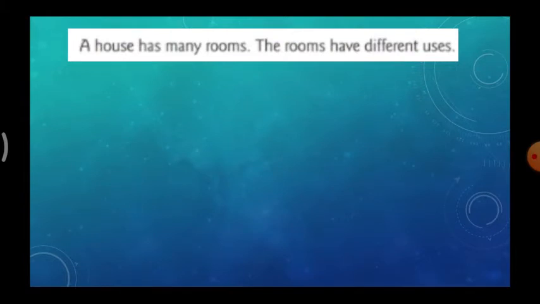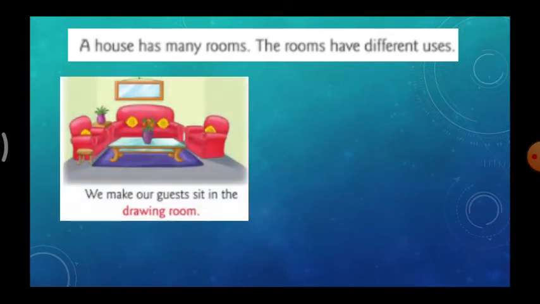Next, a house has many rooms. The rooms have different uses. So, we'll see one by one what are the uses of the rooms. First, we'll see this is the guest room. This is a drawing room. They said drawing room. We can tell that as a living room also.